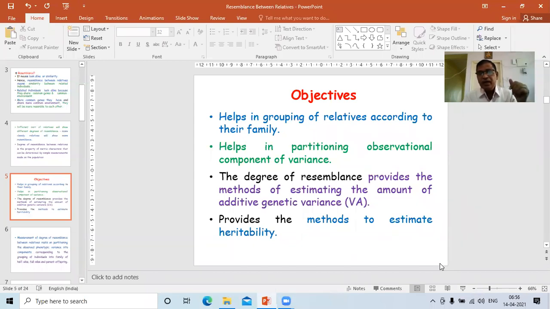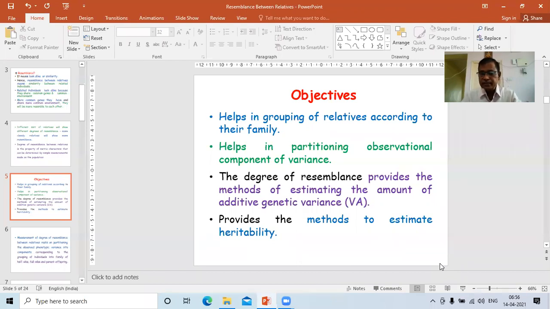Sire is common, and even if the dams are different, all the progeny are called half sibs. If dams are different, then all the 10 daughters are called half sibs because one parent, the sire, is common. Okay? So when we are estimating the character and we have to estimate the variance, that type of variance is called the observational component of variance.